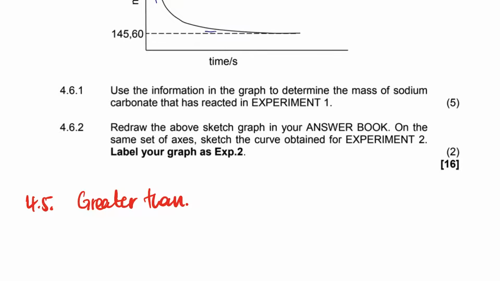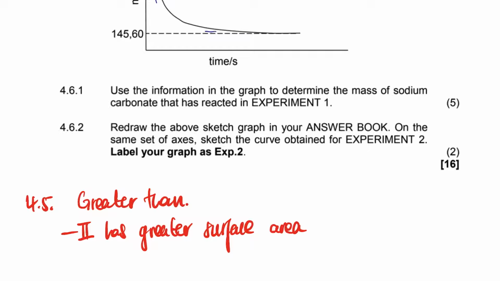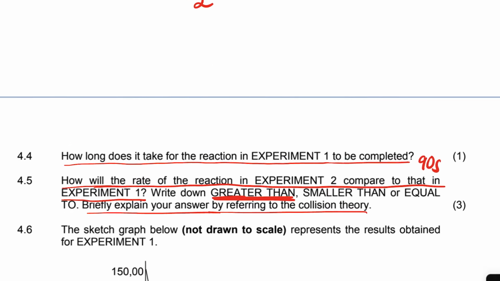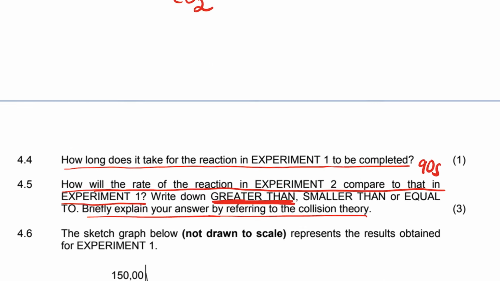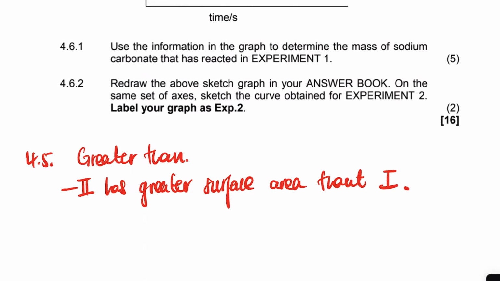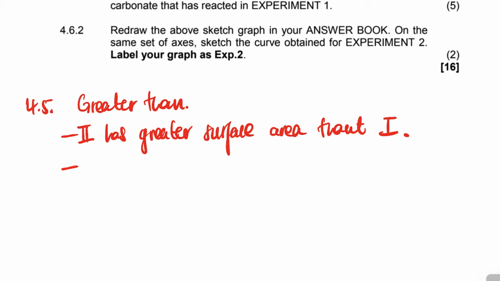So you'll say experiment 2 has a greater surface area than experiment 1. That's 1 point. How many marks are there? It's 2 marks. And then at the last point you will say more collisions.